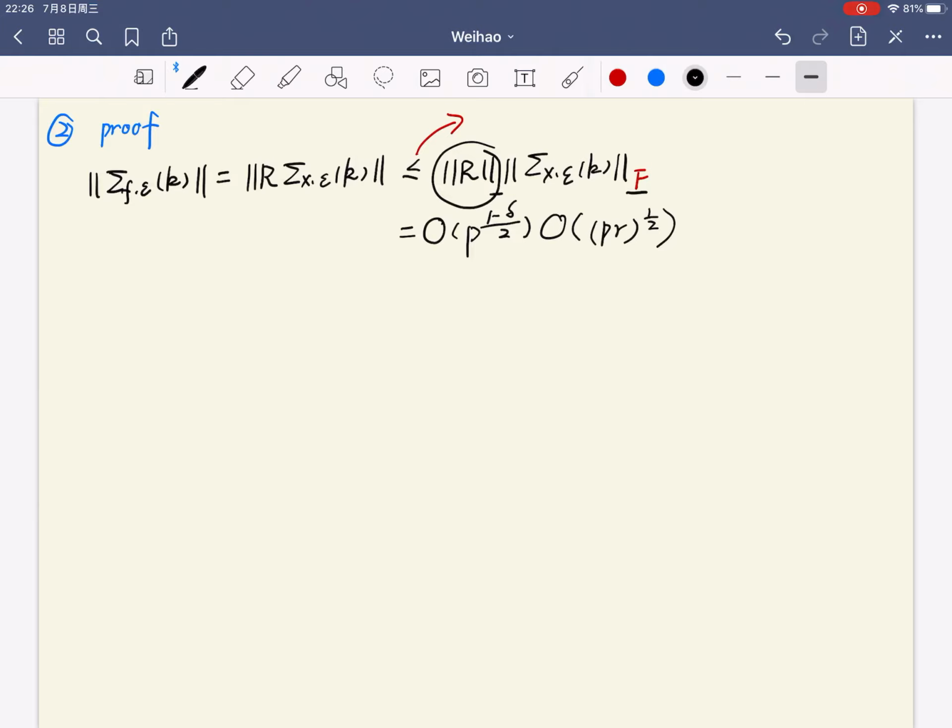Why do we have this rate? Because in the assumption we have assumed the elements are of order 1. Since this matrix is p by r, by the definition of the Frobenius norm, this quantity is of p times r times 1, and take a square root.